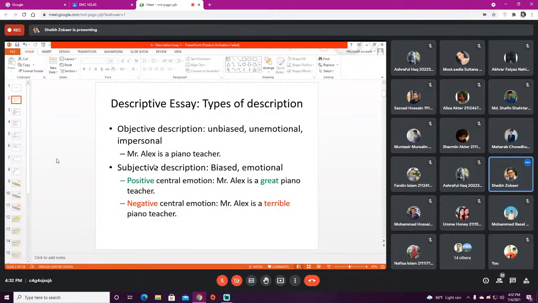Okay. Now, when you describe something, you might think, well, what would be the kind of description? Are you going to say positive things about what you're describing, or are you going to say negative things about the person or object that you're describing? Okay, that is something very important. So objective or subjective, these are the two broad categories of description.